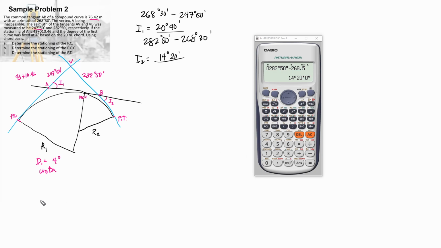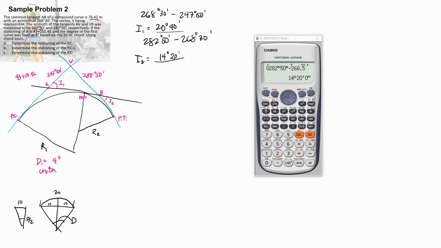So again, for review lang, chord basis is kung may curve tayo, kung ito yung 20, distance natin dito hanggang dito is 20. So 10, 10. So yung degree of curve itong gitna. So para makuha natin yung degree of curve, kinuha natin yung isang right triangle na may 10 at may D over 2.